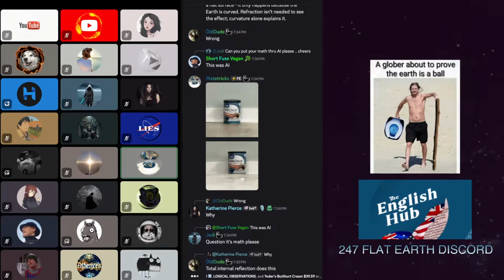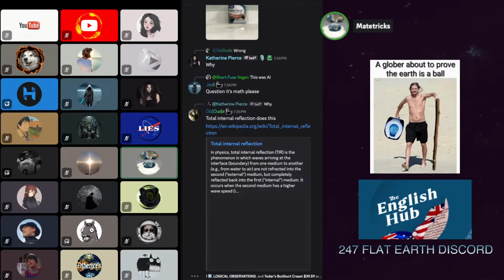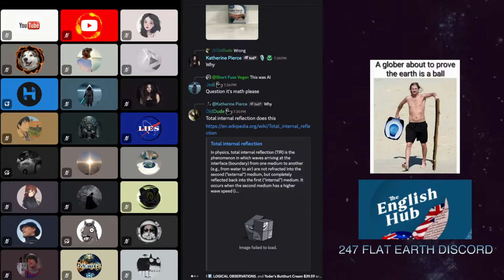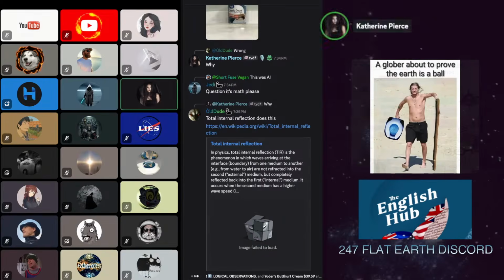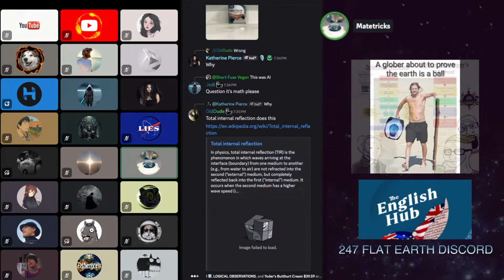Hey, Catherine, in the side chat, there is an image of two coffee cans, a top one and a bottom one. Can you have a look at the bottom one, please, and tell me if the very bottom of the can is missing? Yes. Excellent.